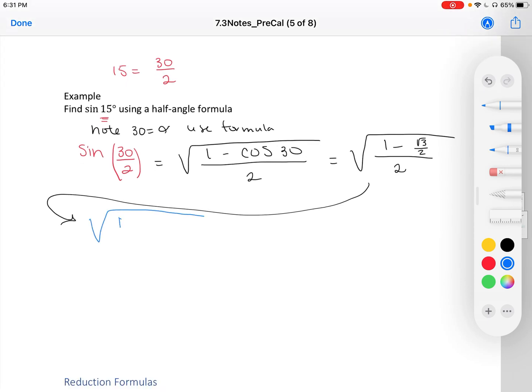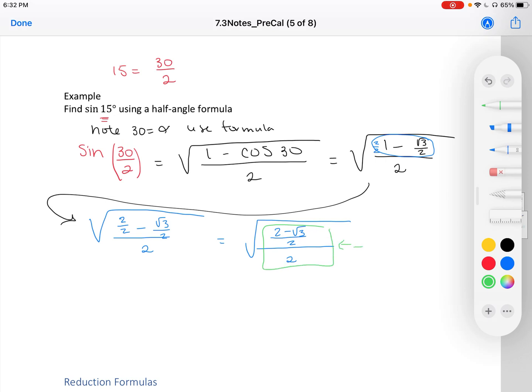So, let's first take our numerator and get a common denominator. I need to multiply the 1 by 2 over 2, so that I have 2 over 2 minus square root of 3 over 2, divided by 2. So I have 2 minus square root of 3, and they both have a denominator of 2. All of that's divided by 2. Let's ignore the radical for a moment and focus only on what's on the inside.